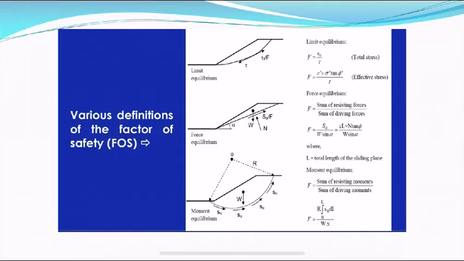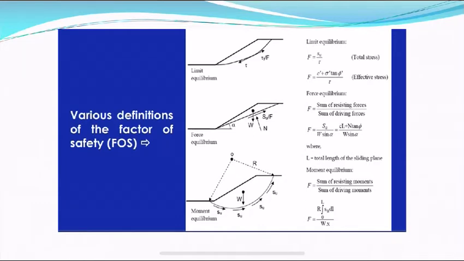As far as the force equilibrium is concerned, for a typical wedge failure having a planar failure surface extending a unit length perpendicular to the plane of this figure, we can write the force equilibrium as factor of safety equal to the sum of resisting forces divided by the sum of driving or disturbing forces.